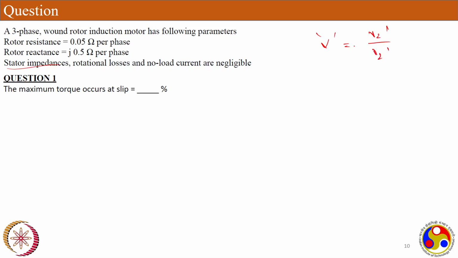Usually, previously it is R2 dash by the square root of RTH square plus the quantity XTH plus X2 dash, squared. Since XTH and RTH are nothing but stator side, they are neglected, and it is R2 dash by X2 dash. So alpha is equal to R2, which is the resistance 0.05, divided by 0.5. So it's a 10% slip at which your maximum torque will occur.